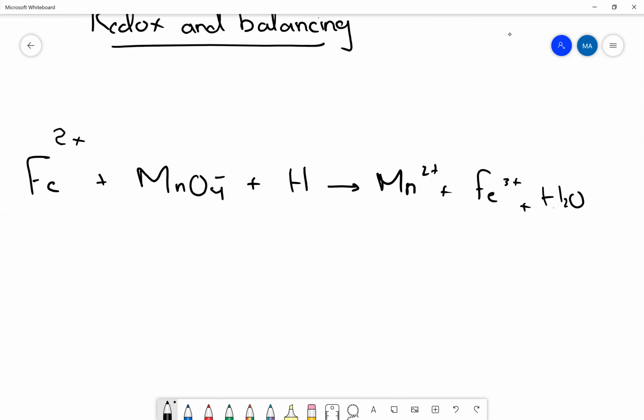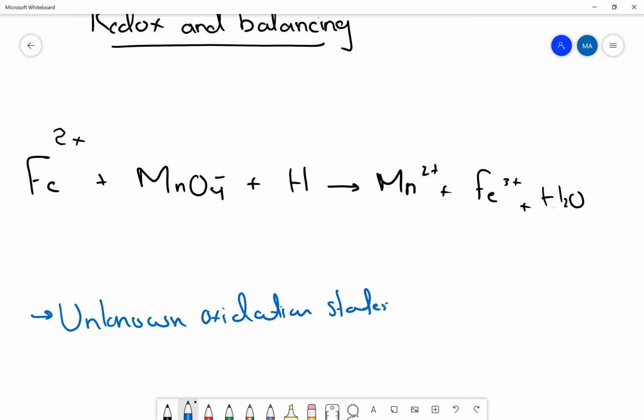Then you're supposed to balance the electrons. I'm writing down these steps here. Number 1, you need to figure out the unknown oxidation states. Number 2, balance the electrons. And number 3, you're supposed to balance the equation.